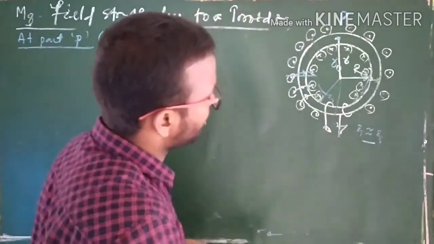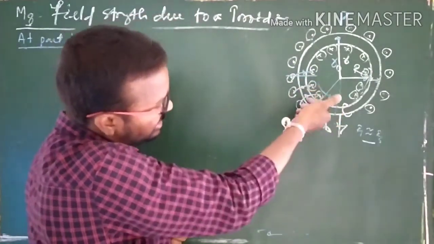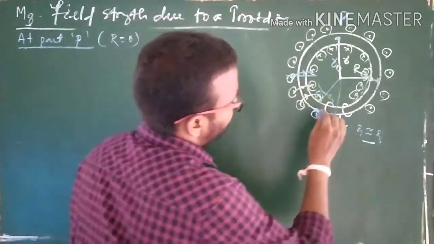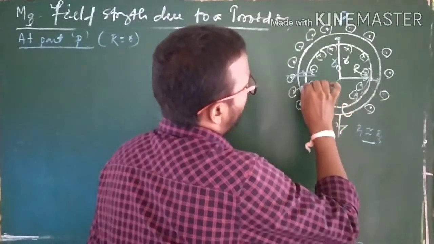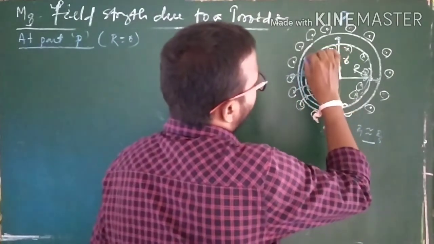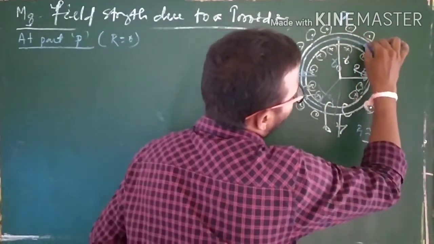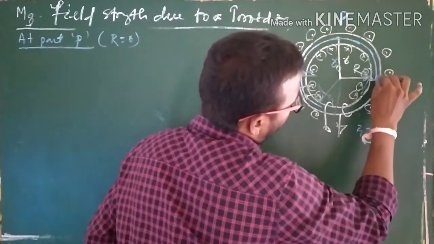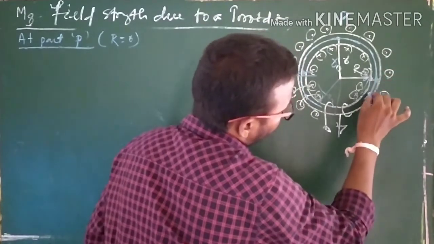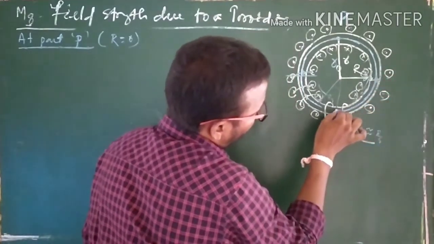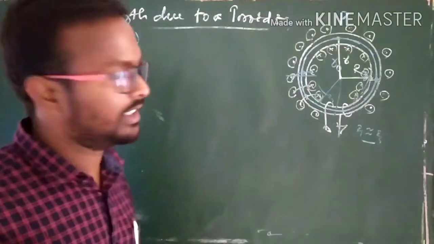If we use the right hand thumb rule, then this is the direction of the magnetic field inside the toroid, and this magnetic field strength is maximum and constant along the concentric radius of the ring. Clear?